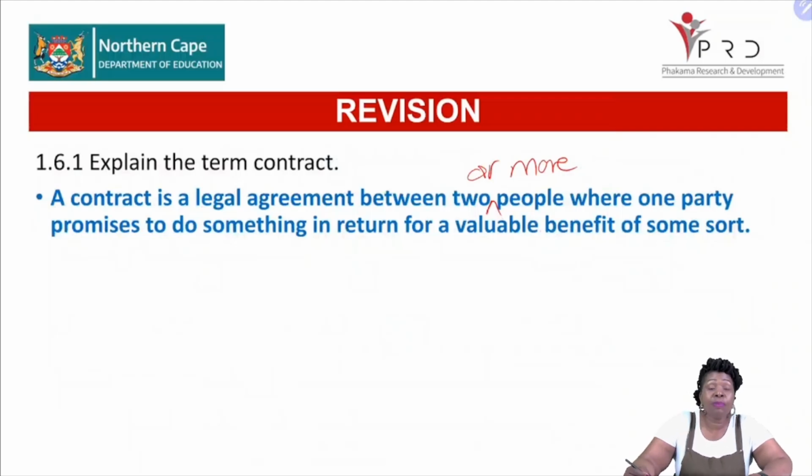Where one party promises to do something in return for a valuable benefit of some sort. So that benefit could be money, they could exchange money, or they can do it in exchange of services, or in exchange of food. So that is a contract.